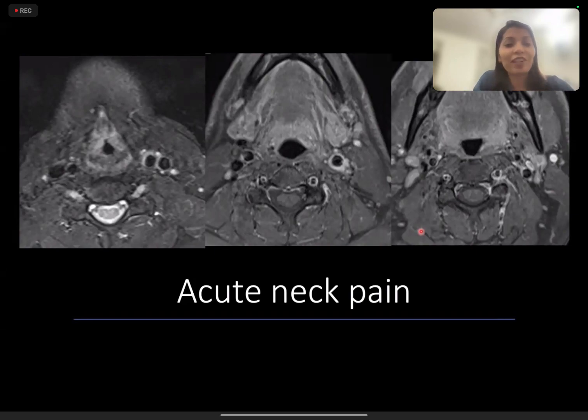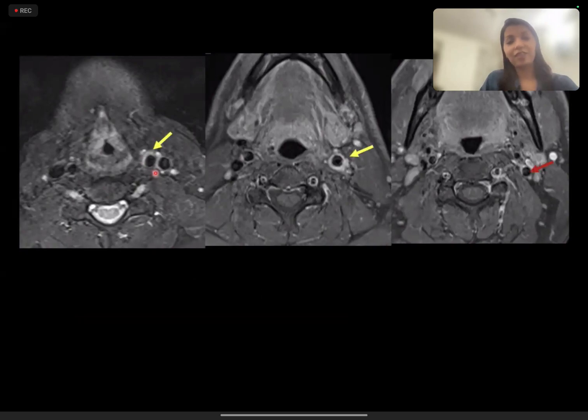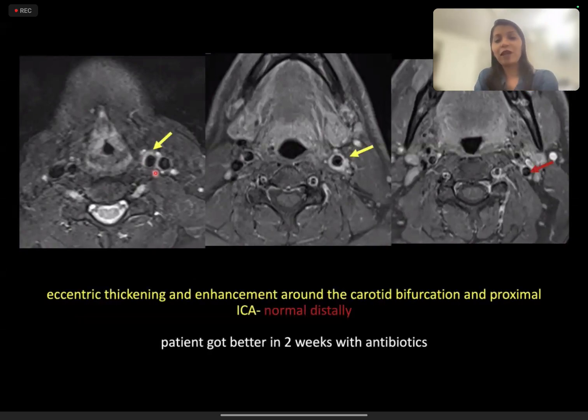Okay, so most of you got it right. There is enhancement around the carotid arteries, so at the level of bifurcation, and the enhancement is sort of eccentric. If you see here, it's eccentric enhancement, and in fact, the carotid artery distal to the enhancing part is correct. It's not enhancing.